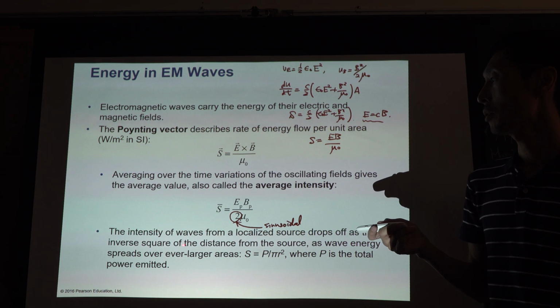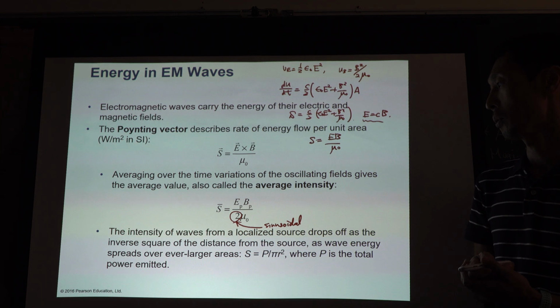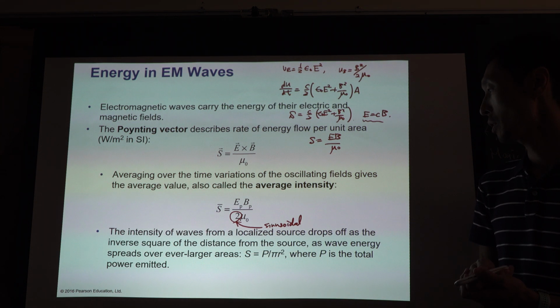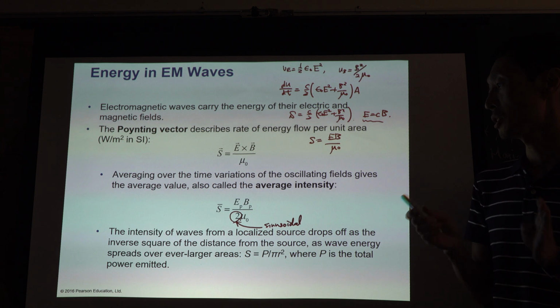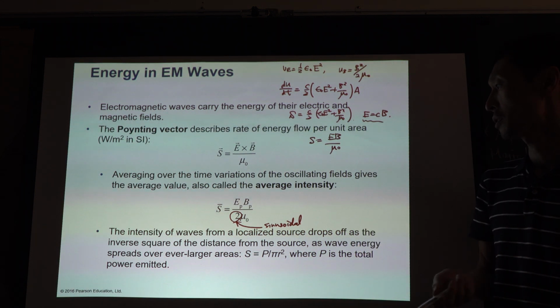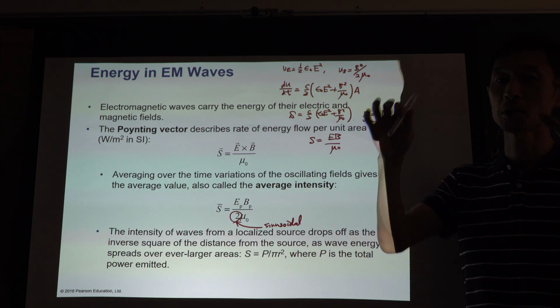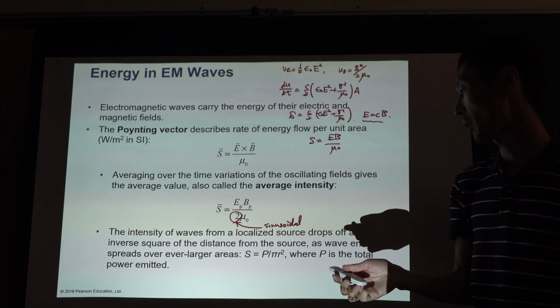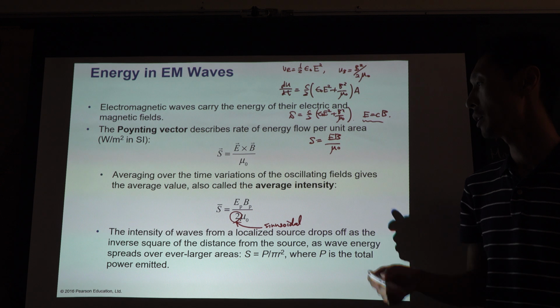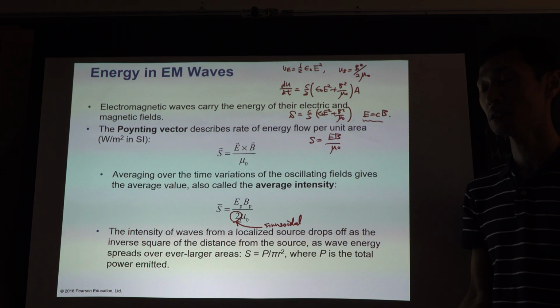Again, the intensity of waves from a local source drops off as the inverse square law of the distance from the source, as the wave's energy spreads over spheres, right? Large areas. So you just divide S equals energy divided by R squared, the surface of the sphere, where P is the total power emitted. This is the same as light intensity.